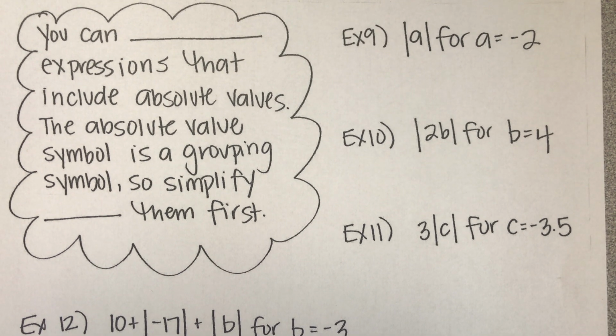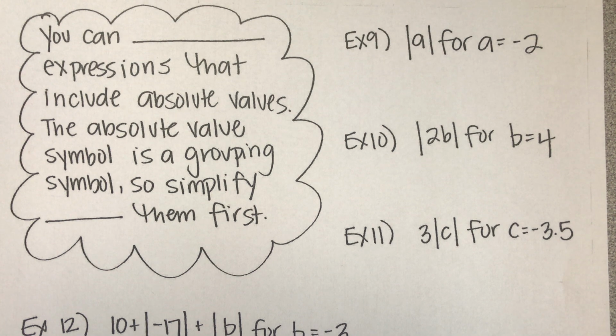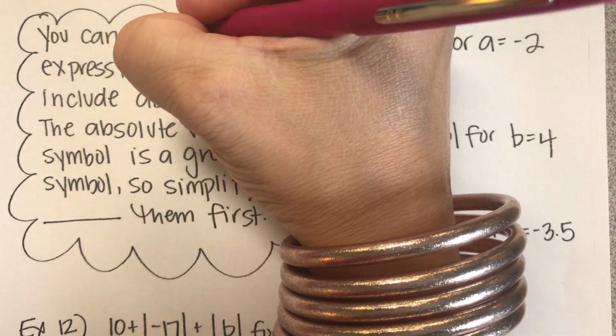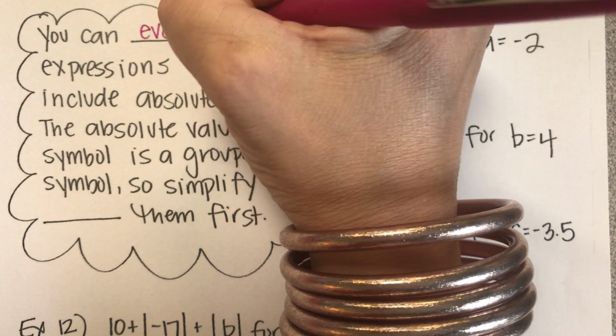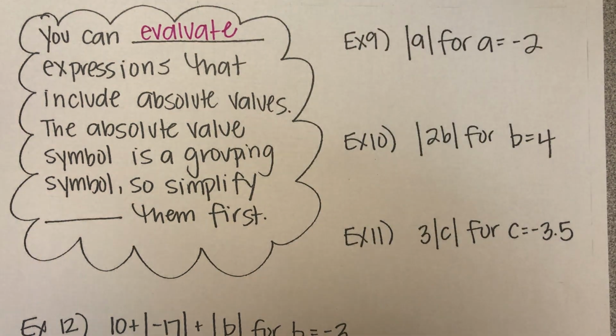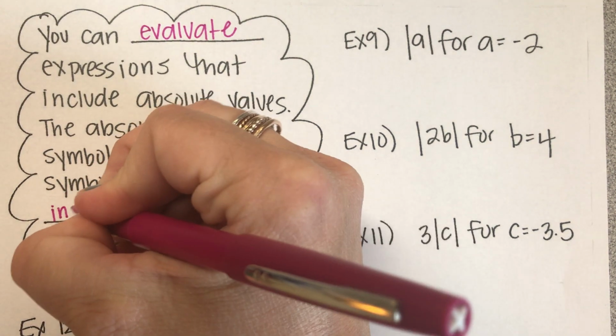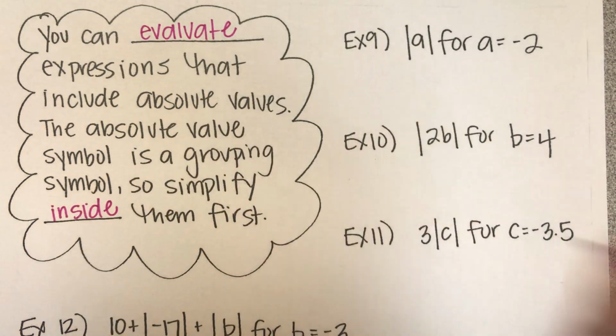Okay, so let's talk about this next section. It says you can blank expressions that include absolute values, and that should say evaluate. So we can evaluate expressions that include absolute values. The absolute value symbol is a grouping symbol, so simplify inside them first.